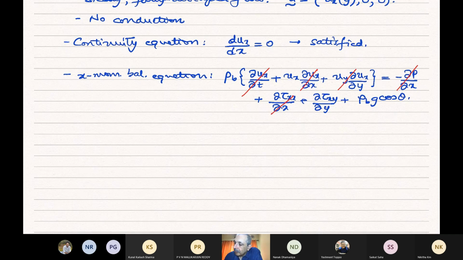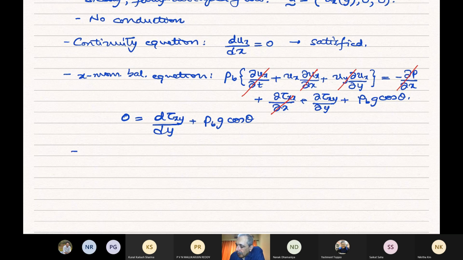So you finally simplify to something very easy, and that is that 0 is equal to, so this is your x momentum balance.